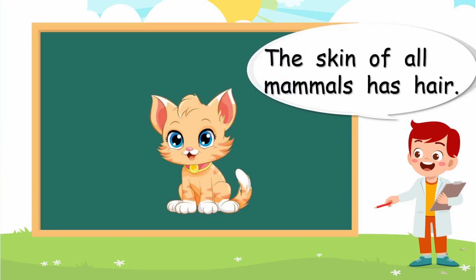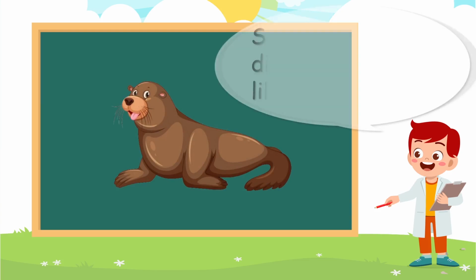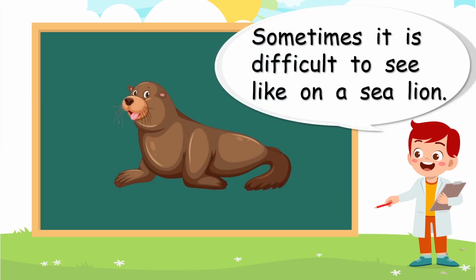The skin of all mammals has hair. Sometimes we call it fur. The cat is furry. But hair and fur, they're the same thing. Sometimes it is difficult to see, like on a sea lion.